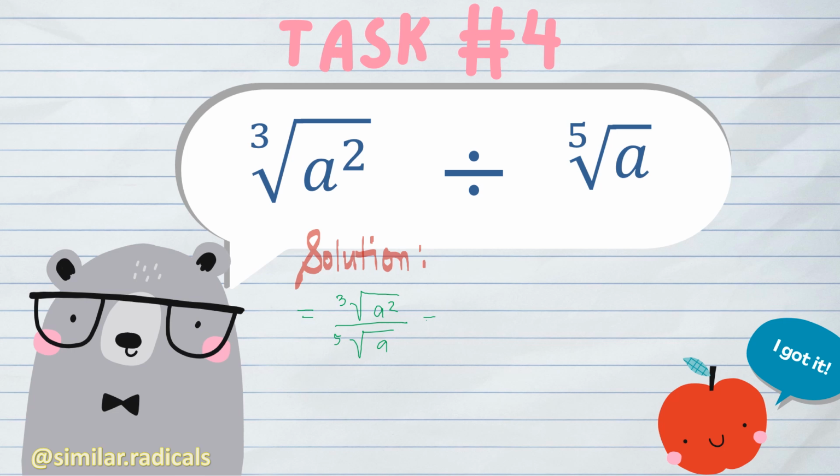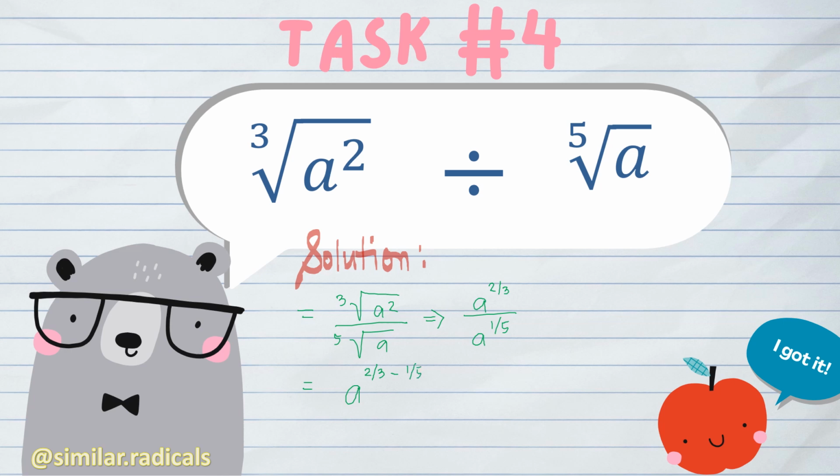In my process, I'm gonna transform this into exponential form. So I'm gonna have a raised to 2/3 over a raised to 1/5. Now imagine, like in dividing polynomials, we subtract the exponents, right? As you can see, we do have the same base, so definitely we're gonna have a raised to 2/3 minus 1/5.